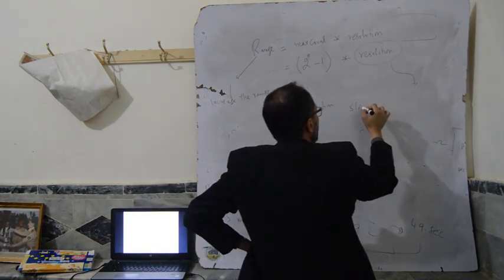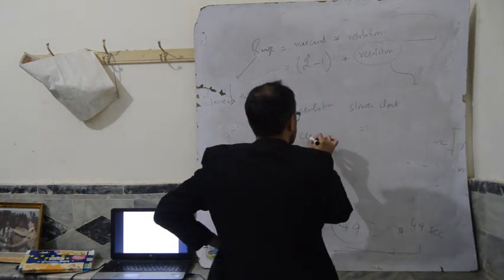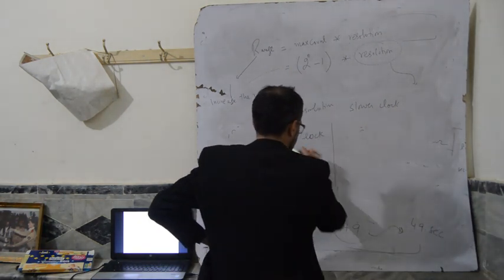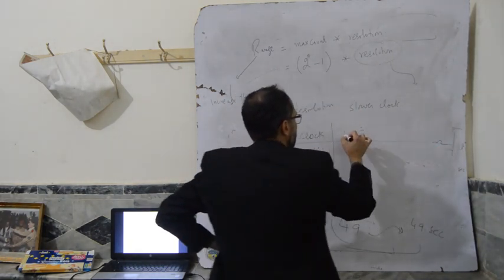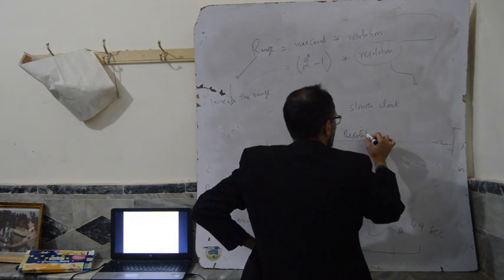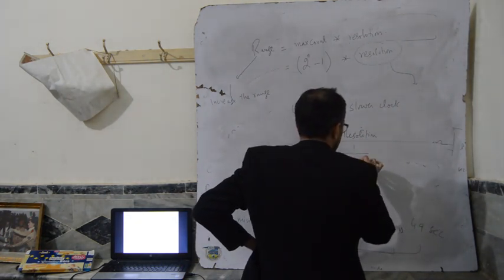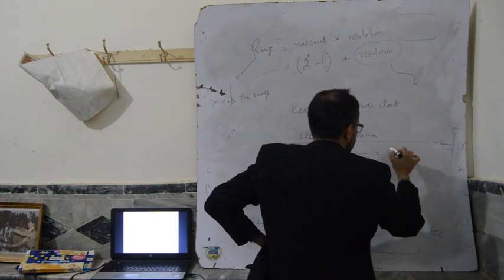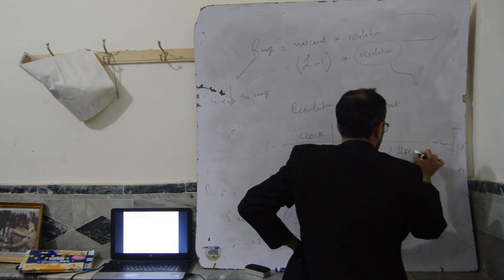Using a slower clock. So let's assume the clock is 1 megahertz, the resolution will be 1 divided by 1 mega, and that is 1 microsecond.